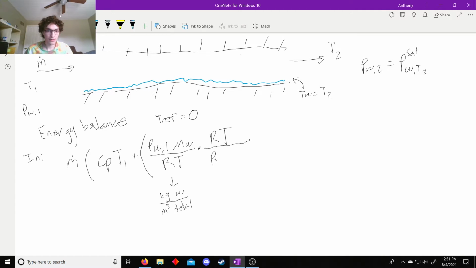So we'll have the pressure of total and the average molecular weight. So this is going to be volume of everything again, divided by kilograms of air.